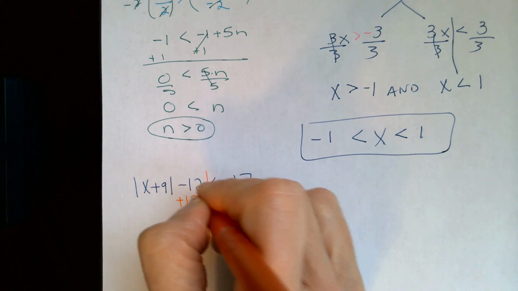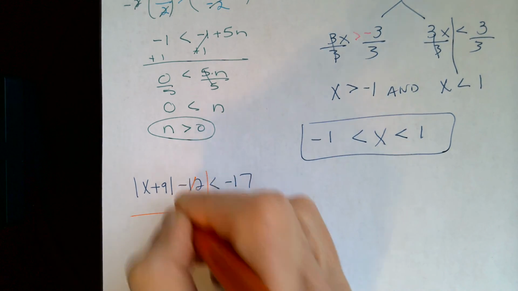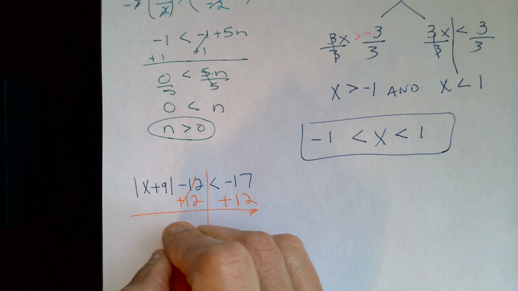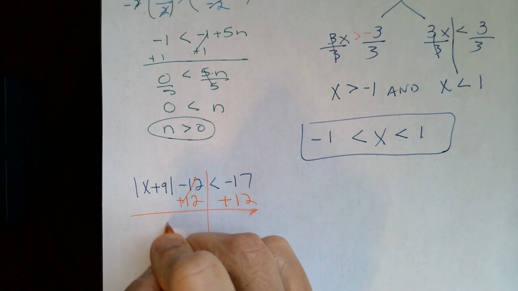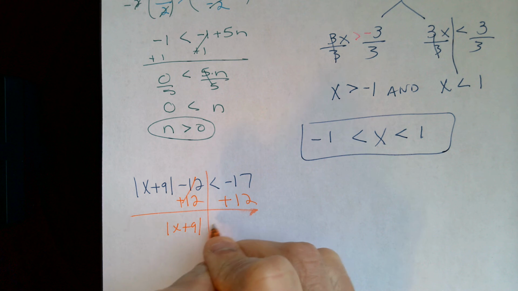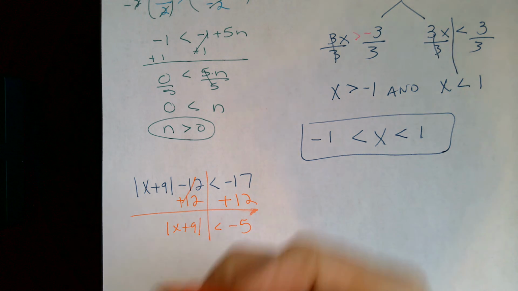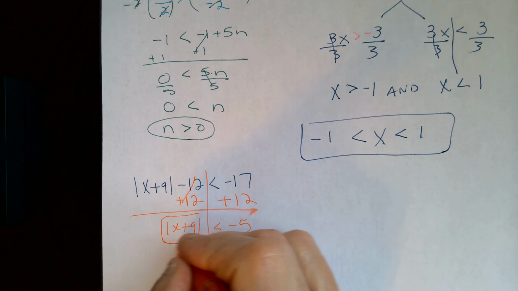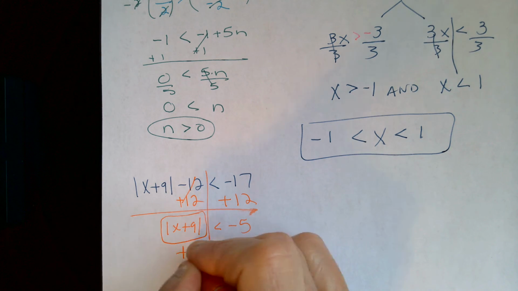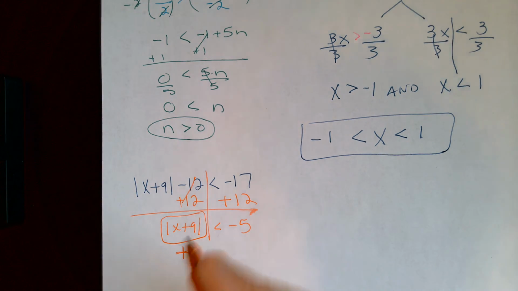Okay. Draw your line. Got that negative over there. I want to take a look at that. We just talked about how that's a distance, so that's always positive.